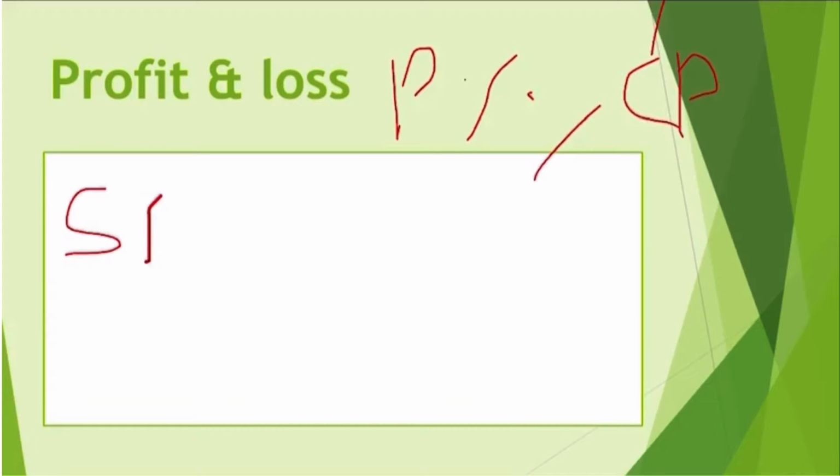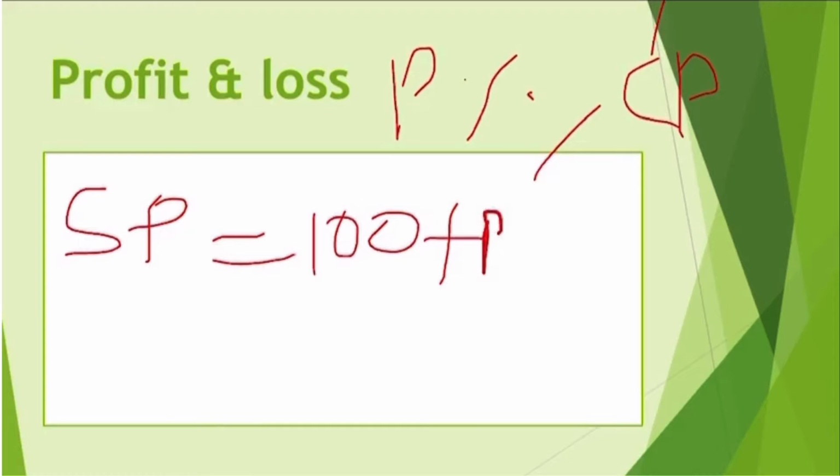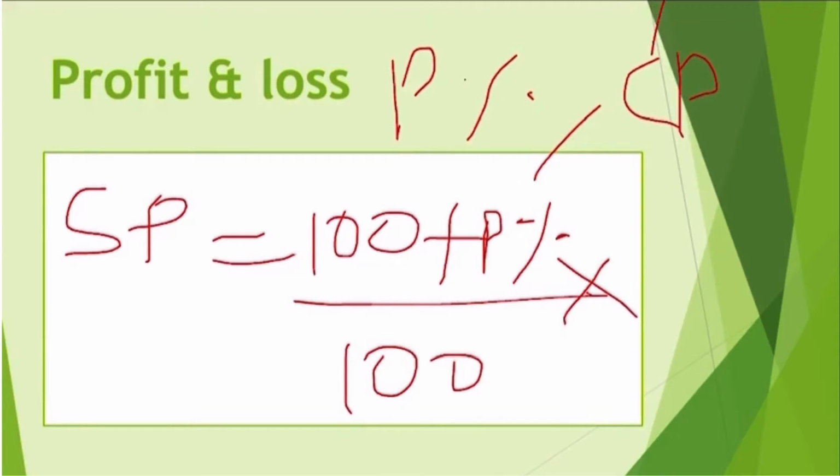In the first case, when we know the profit percentage and cost price, the formula goes like this: selling price is equal to (100 plus profit percentage) divided by 100, into cost price.